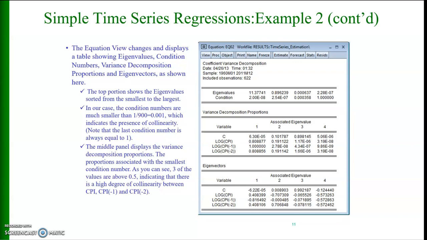In our case, the condition numbers are much smaller than 1 divided by 900, that is 0.001, which indicates the problem of collinearity. The middle panel displays the variance decomposition proportions associated with the smallest condition number. As you can see, 3 of the values are above 0.50, which indicates that there is a high degree of collinearity between these three series, CPI, CPI(-1), CPI(-2).